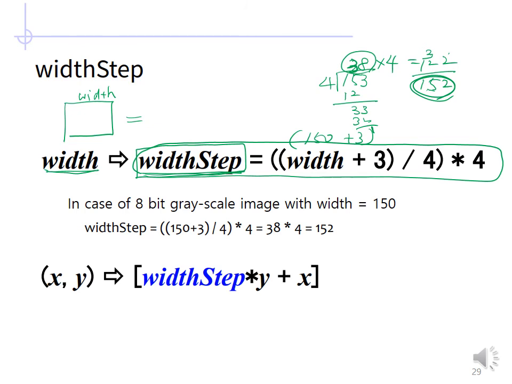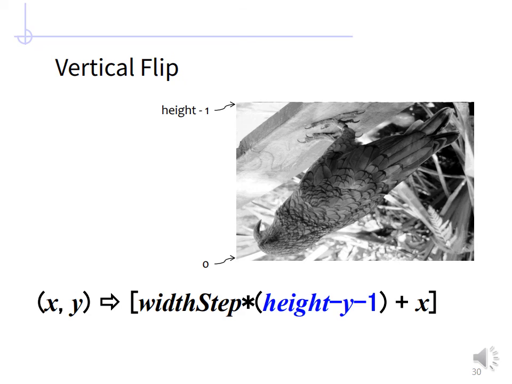Okay, this image is the output of a vertical flip software. The original 2D image can be switched to a one-dimensional array.